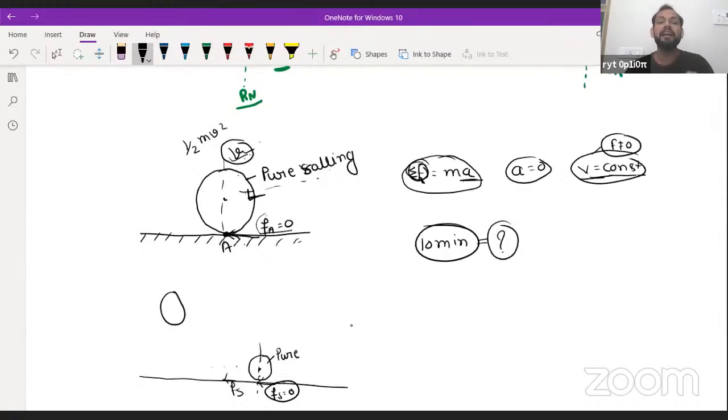So the reason is nothing but the concept of rolling resistance. Because whenever a body is in pure rolling motion, even if there is no sliding friction, because of non-elastic effects at each point of contact, you can observe that at each instant of time the point of contact is changing. That means at each instant a different point will deform.